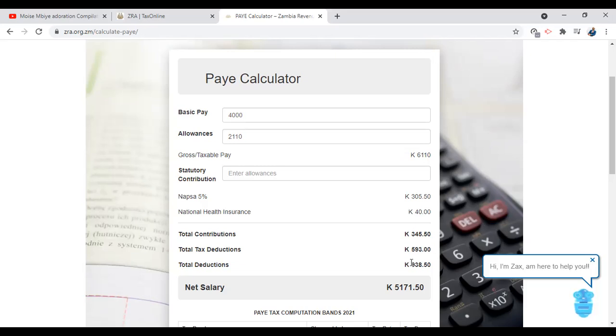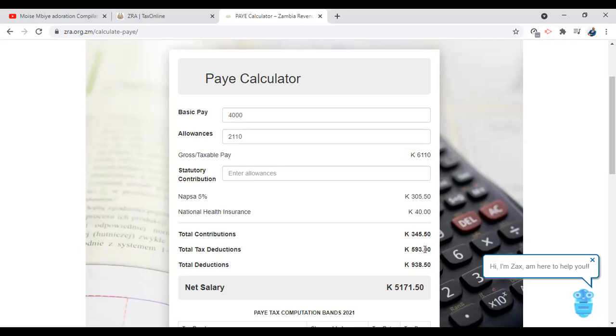All right, so I was saying that your interest should be on total tax deduction. That is the figure that you have to get and put it in the return where it says tax deducted. Don't pay particular attention to other deductions because we have also just, for interest sake, added the 5% NAPSA deduction, which is 5% of your gross salary.